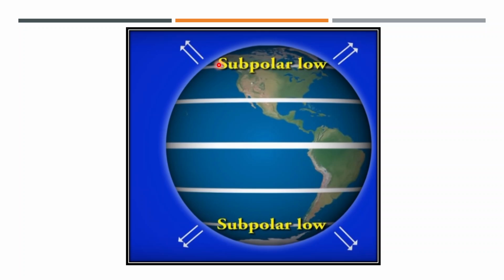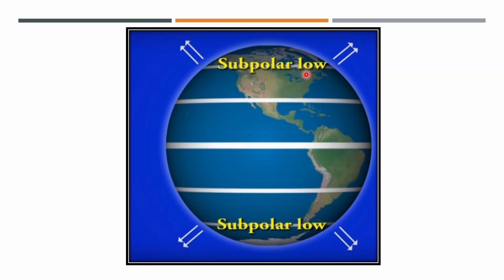Now again, because of the spherical nature of the earth, this area is large and the cold dense air now has to occupy a larger area at 60° north and 60° south. So the density of the air becomes less. As a result, subpolar low air pressure belts are formed at 60° north and 60° south latitude.